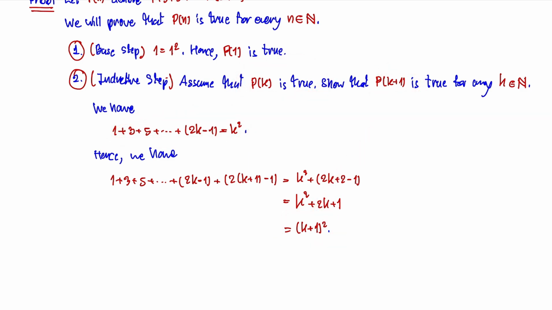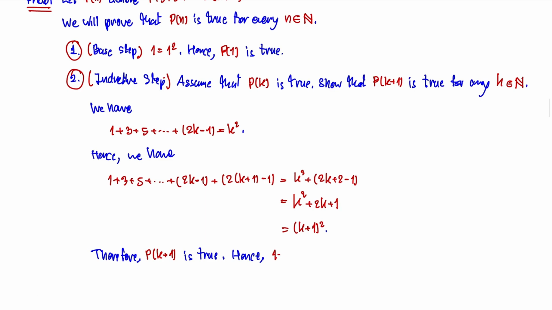So we have shown that P(k+1) is true. Hence, what did we show? We have shown that 1 plus 3 plus 5 all the way to 2n minus 1 is going to be n squared, and it is true for every positive integer n.